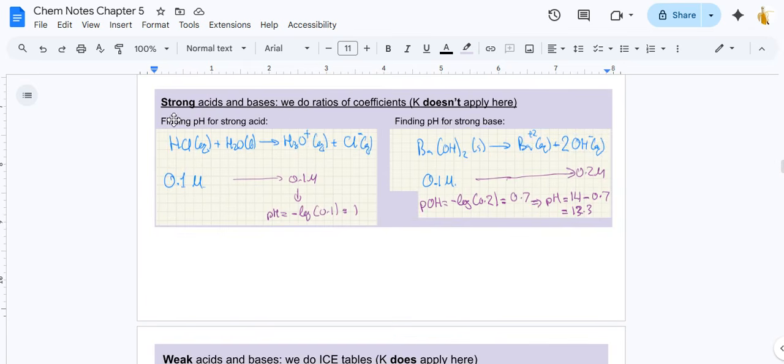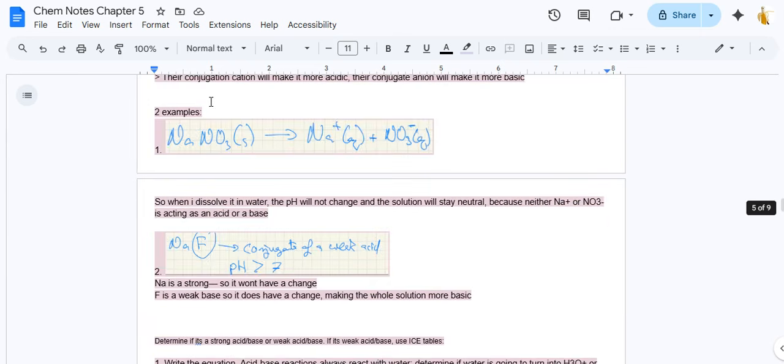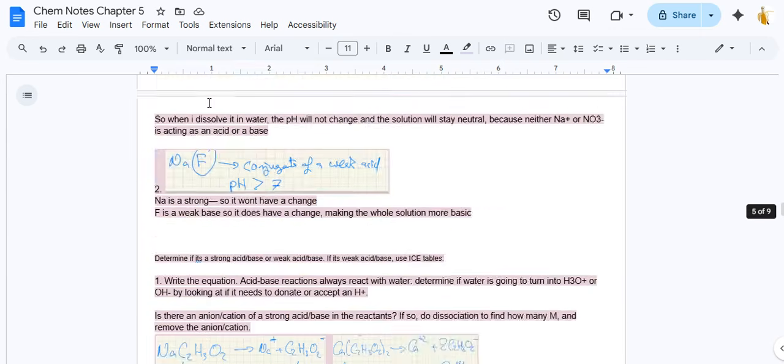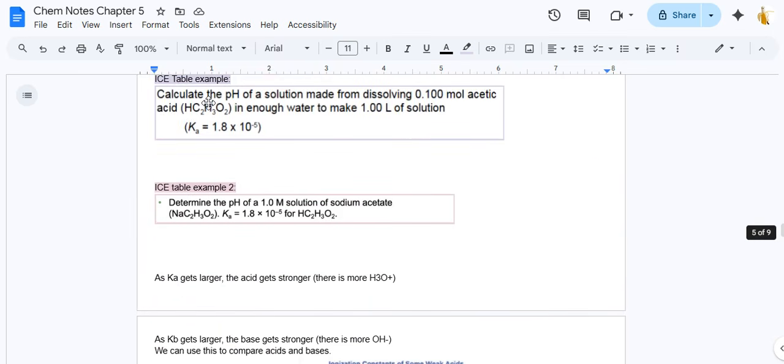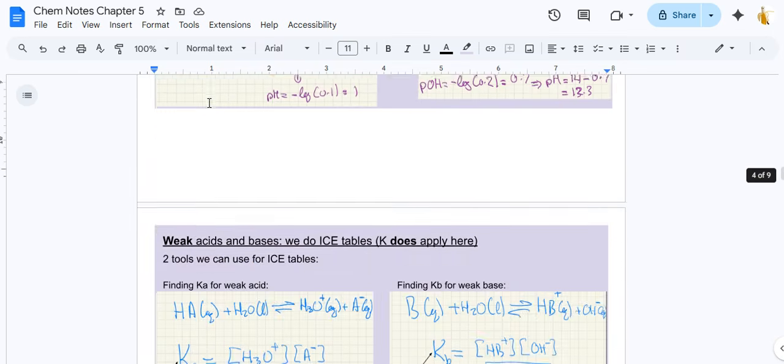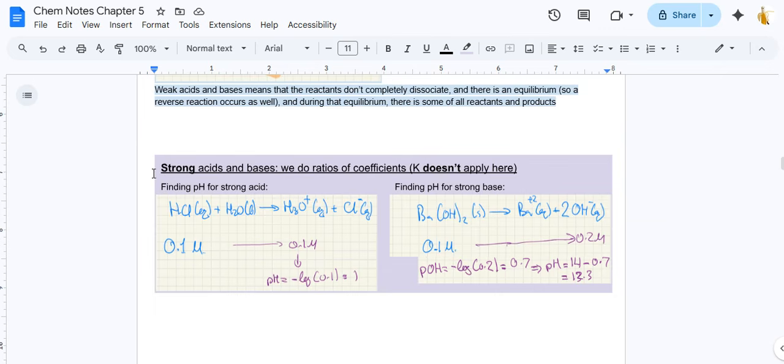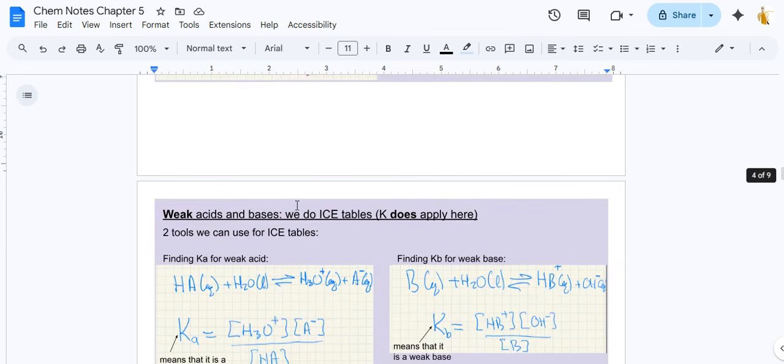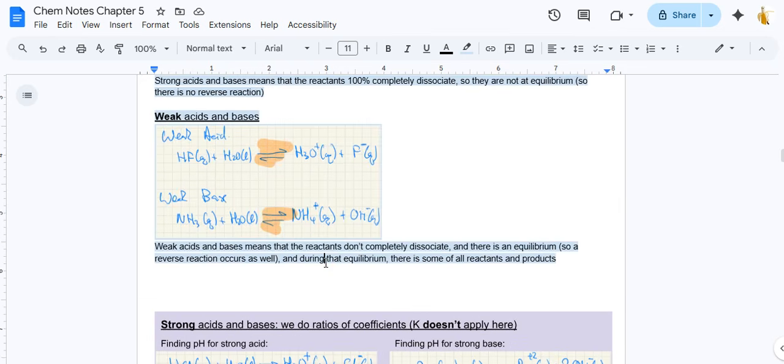Okay. What I just said here is a calculation for strong acids and bases. And again, how do we know if it's a strong acid and base or a weak acid and base?